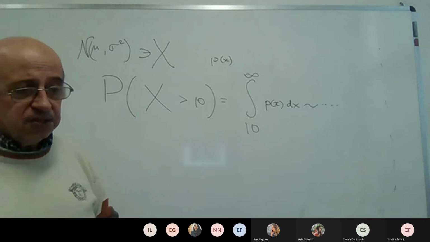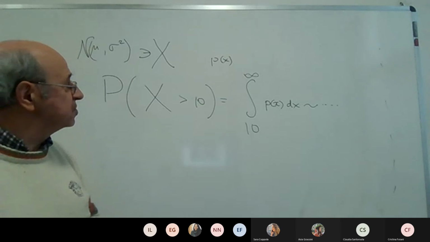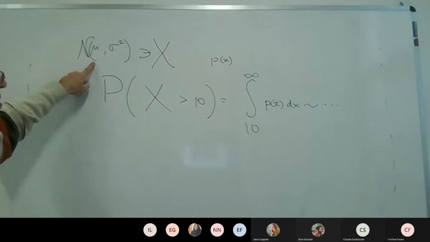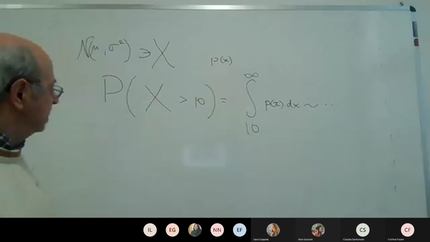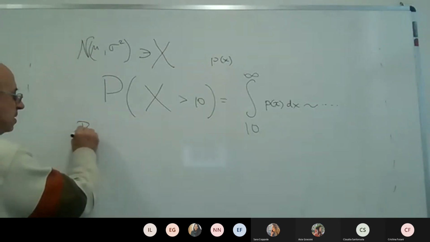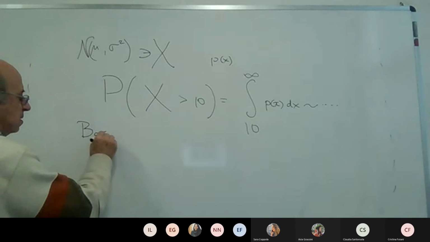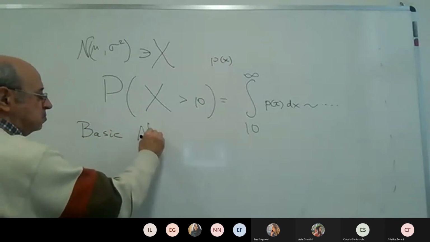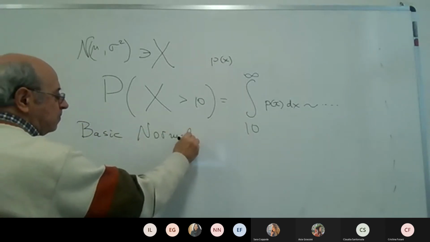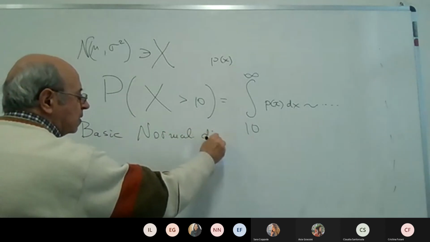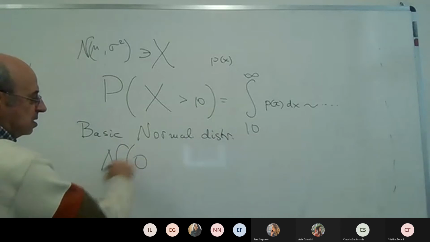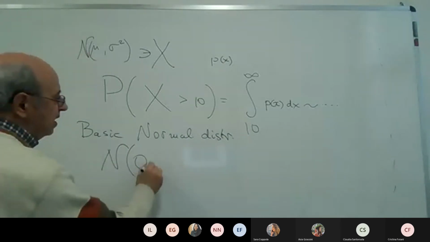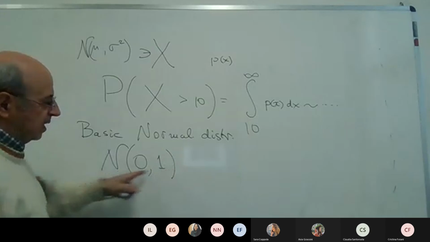There is something that connects such a normal distribution with one very basic normal distribution. The basic normal distribution is the following one, the one computed with mu 0 and sigma 1.